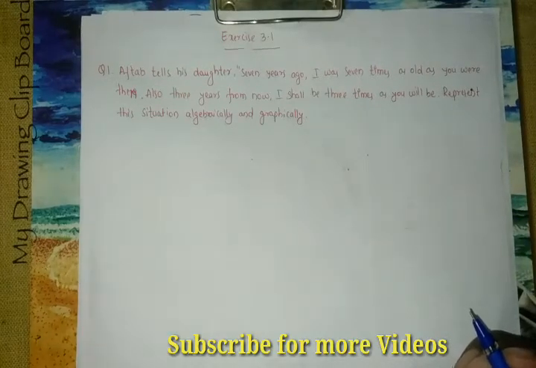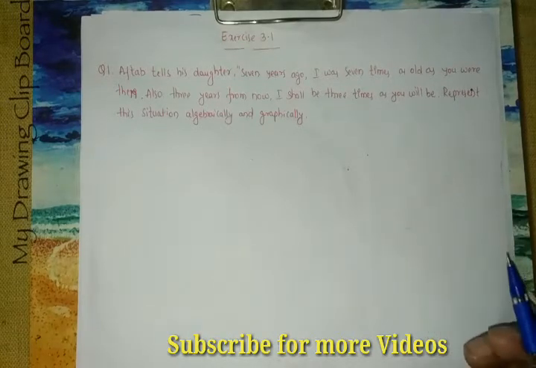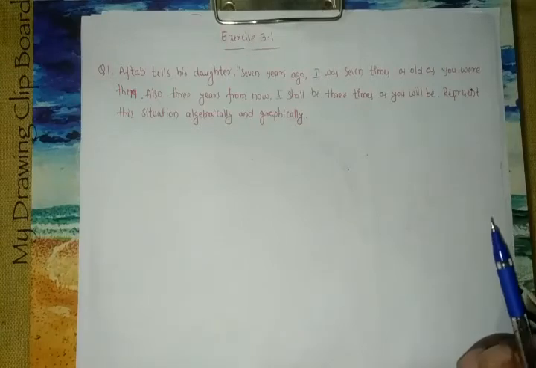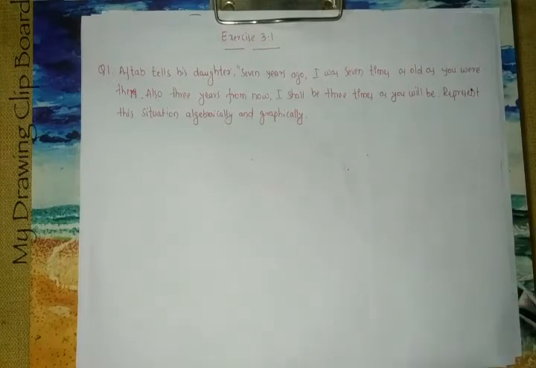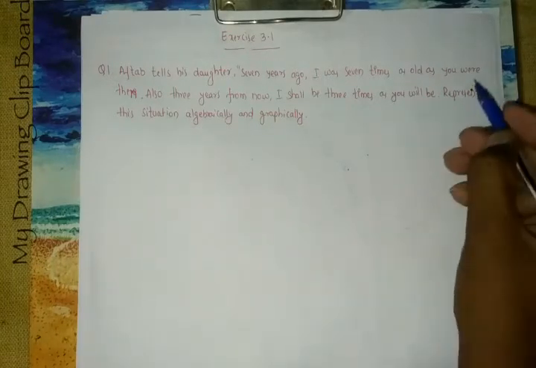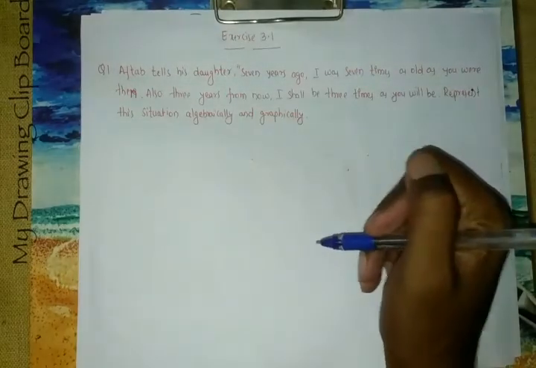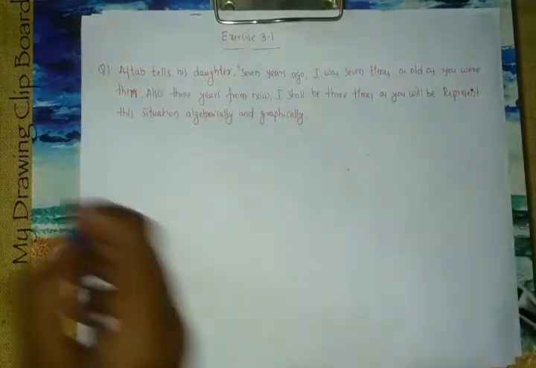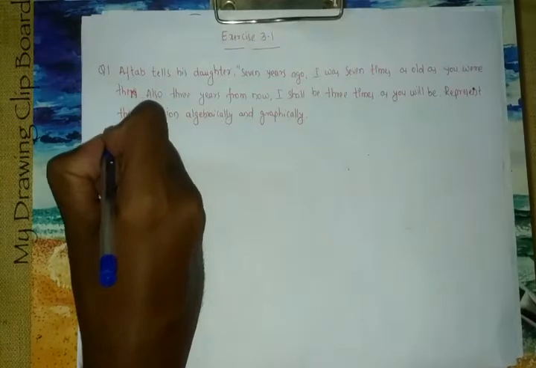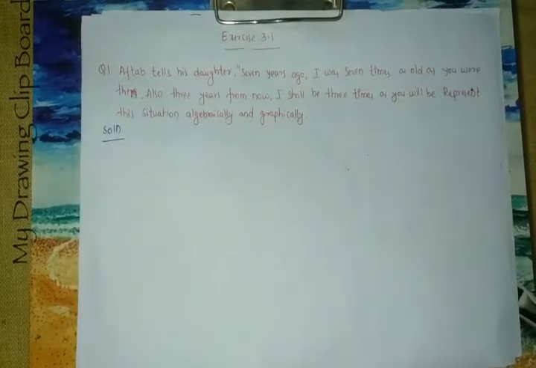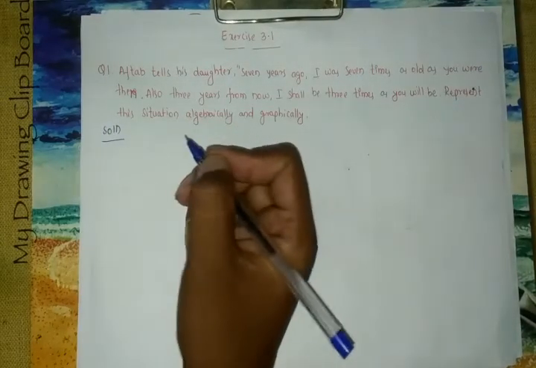Whenever this type of question is given, you have to identify what the variables are. Here you can see that the variable is age. As you know, in a pair of linear equations we represent variables with the letters x and y.